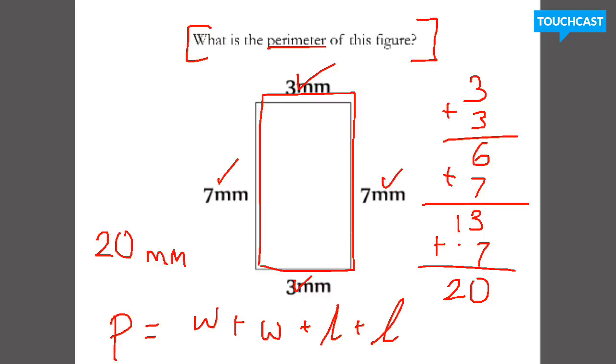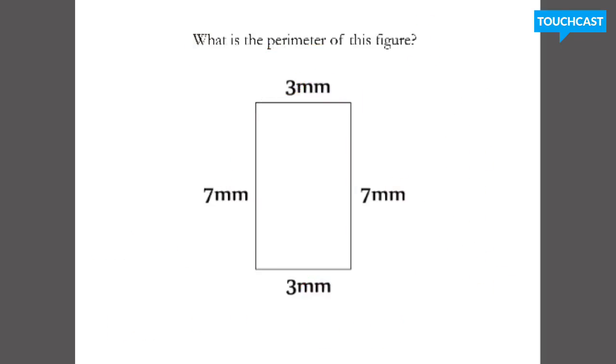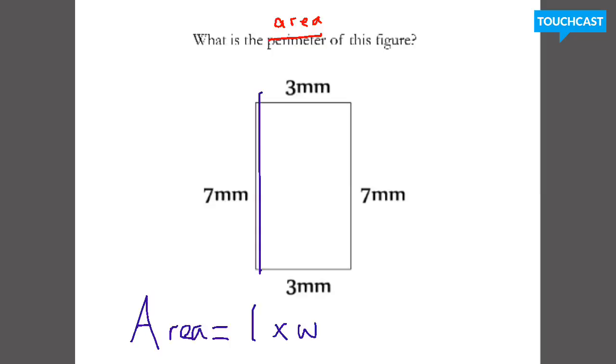Last but not least, I would like you to calculate the area of this figure. Get to work. Alright friends, we are back. We know that area equals length times width. So let's go ahead and take a look. Length, that's the longer side, is 7.